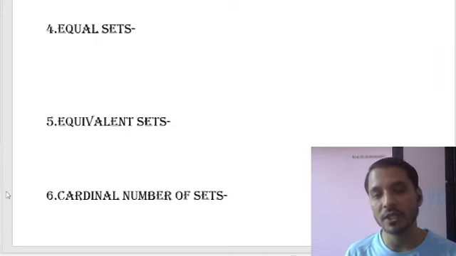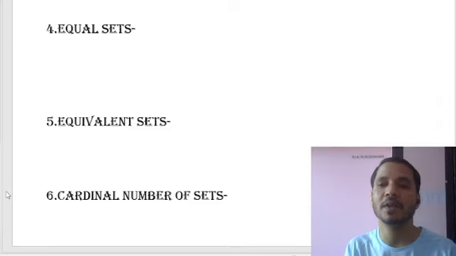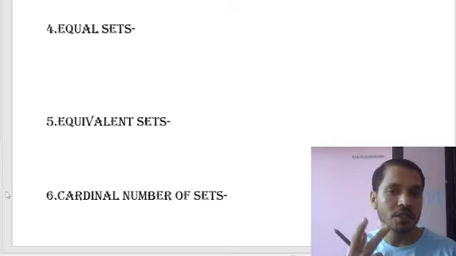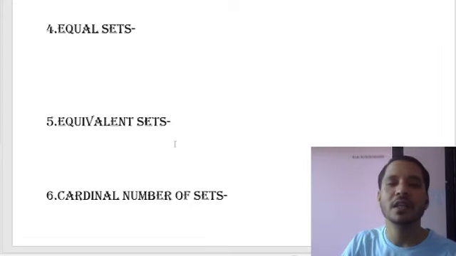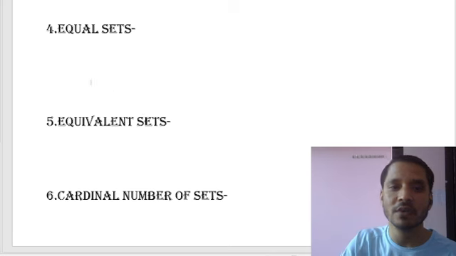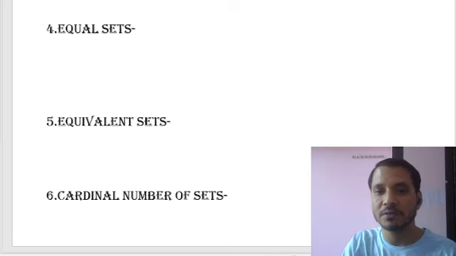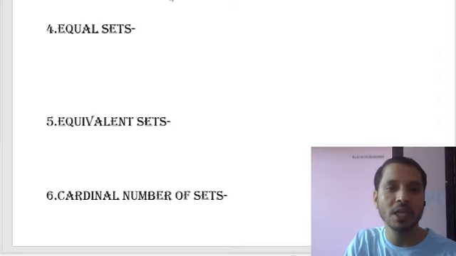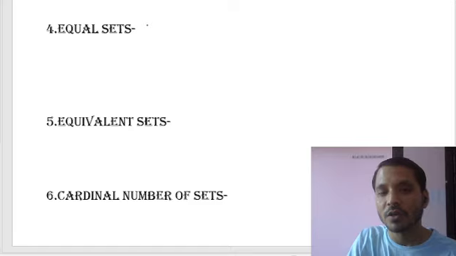What will be the equal set? Again, equal means what? If two sets are exactly the same, meaning the elements present in the two sets are exactly the same, then the sets are called equal sets. Here we are discussing two sets. Two sets should be given, then only we can say whether these are equal or not. So two sets A and B, and both the sets should be finite sets. That you can also write.